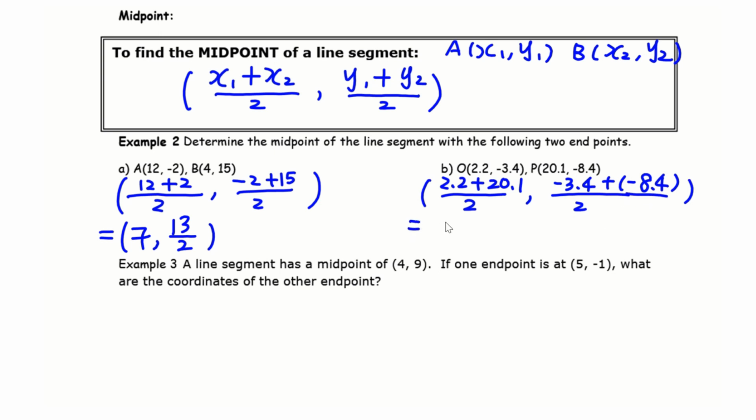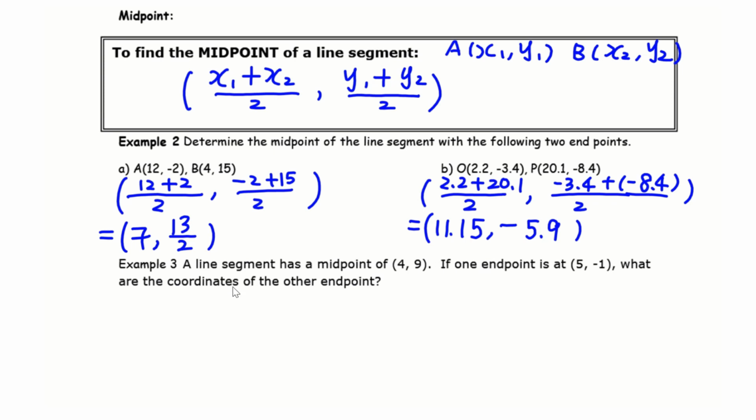Then for this one, we could just keep it as a decimal, so 11.15, and this added together gives you negative 5.9.